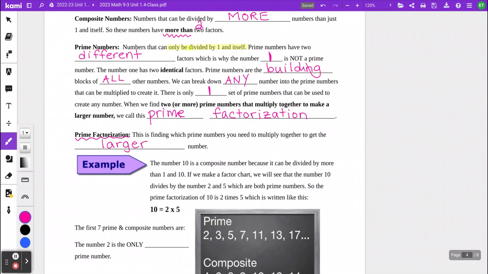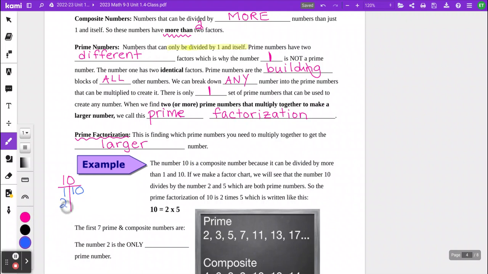Okay, so there's a few blanks for you guys to fill out. It says the number 10 is a composite number because it can be divided by more than the number 1 and 10. If we make a factor chart, we are going to see that the number 10 has multiple factors. So here's our factor chart. We get 1 times 10. Every number divides by 1. And now it's an even number, so we divide by 2.